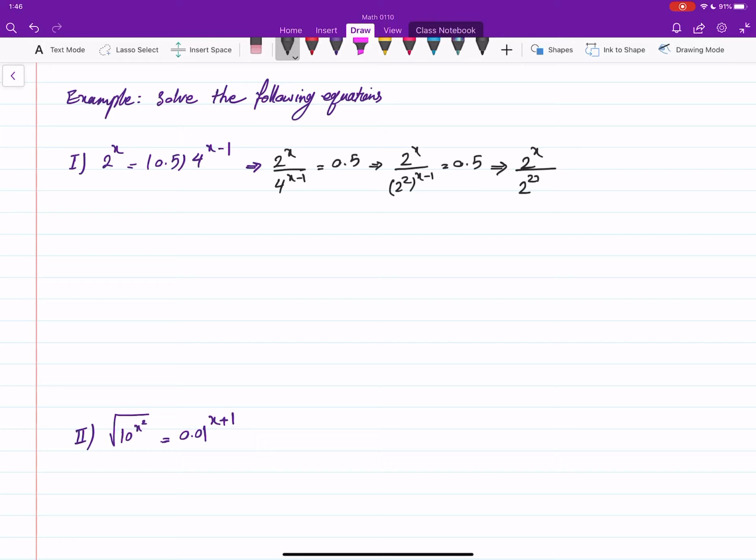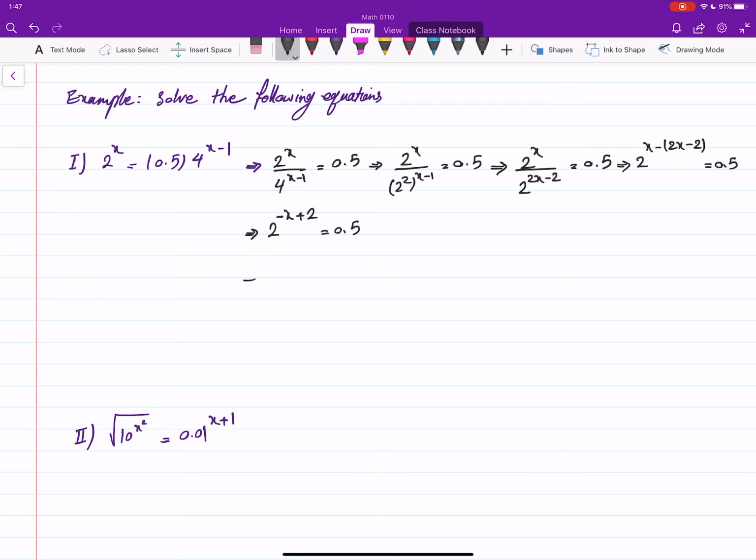So this will be 2 to the power x minus 2x minus 2 equals 0.5. And this is 2 to the power minus x plus 2 equals 0.5.